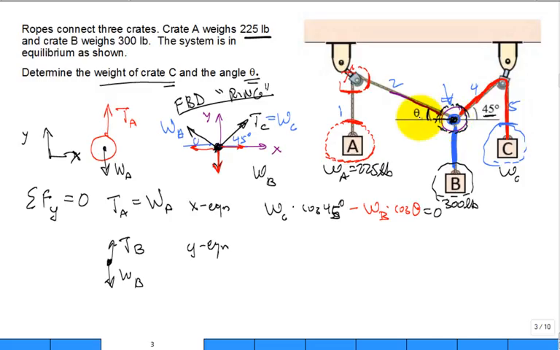Well, I'm doing a right triangle right here, and this is my right triangle. Remember, right triangles aren't always simple. I mean, you flip them around and change their orientation. And this is my opposite, this is my adjacent, this is my hypotenuse. And so this tension is the weight of B. And then I have the cosine of an angle measured right here.